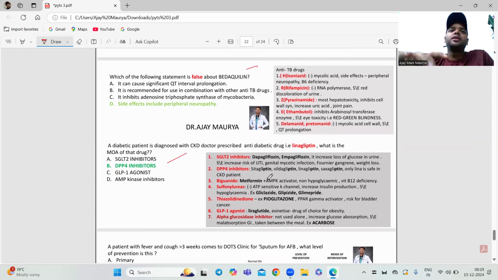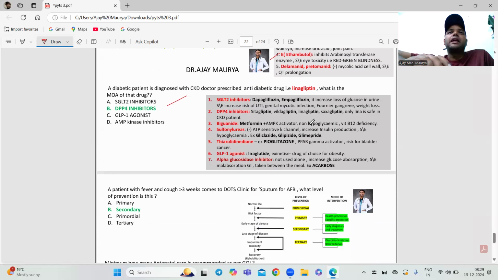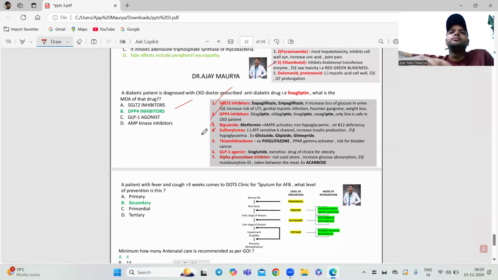From the TB drugs, bedaquiline, ethambutol, and rifampicin, all are important. Just remember the side effects. From the diabetic drugs, mainly SGLT2, DPP4 inhibitors, sulfonylureas and biguanides are important. Just read this one.